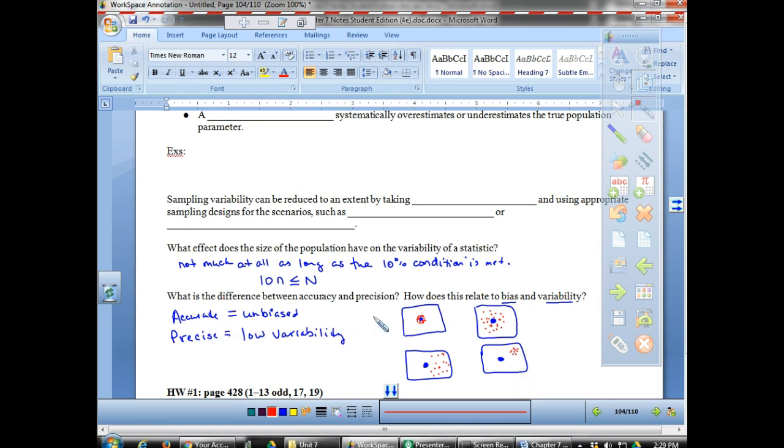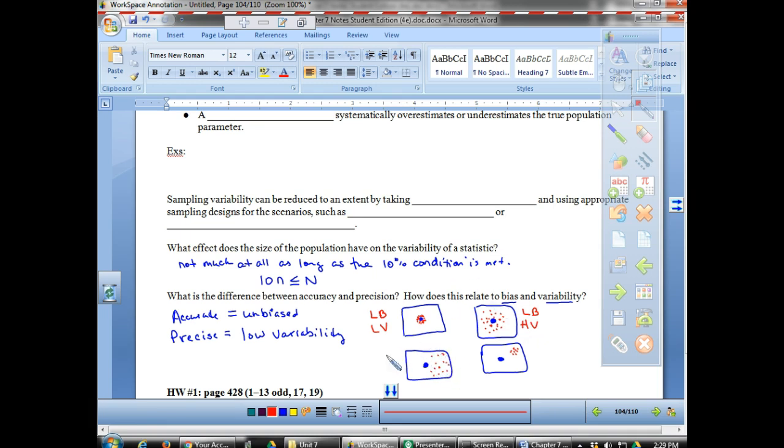So if you look at this, this particular one is low bias and low variability. So it's pretty accurate, and it's also pretty precise. This one over here is low in bias. In other words, if I average all these, it's going to pretty much give me that value in the center. But it's high on the variability.